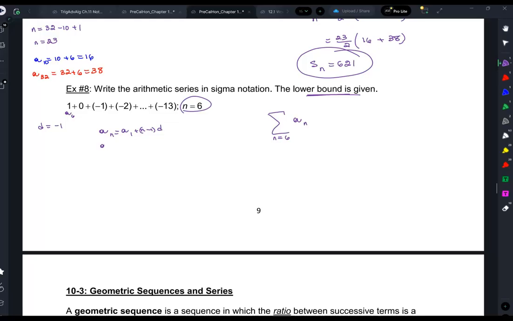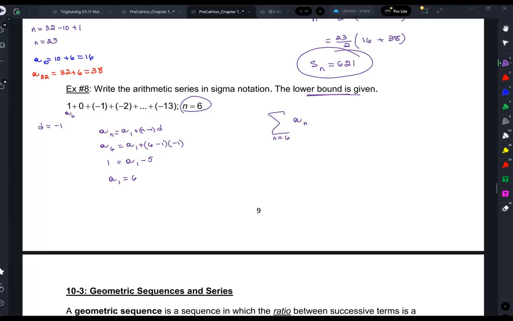Now, in the case of a sub 6, it's a1 plus, n is 6, so 6 minus 1 times d. So here, a sub 6, what is it? It's 1 from the list, a sub 1, and then here, this is 6 minus 1, 5 times negative 1, minus 5. So a sub 1 is equal to 6.